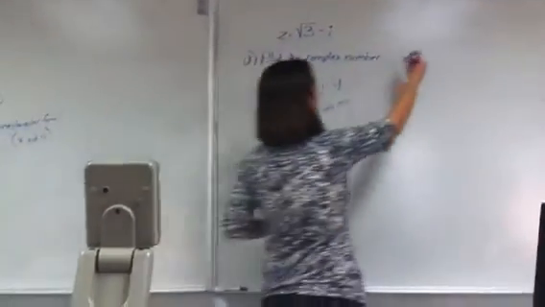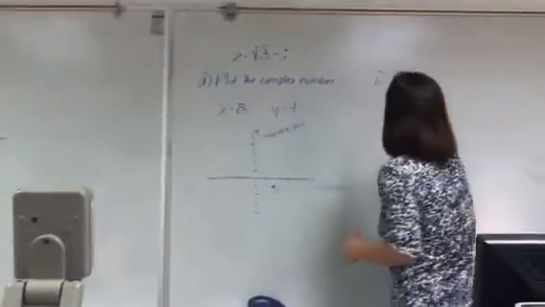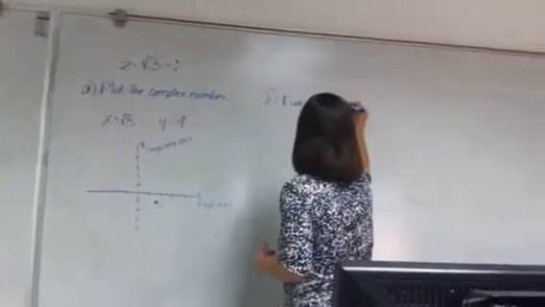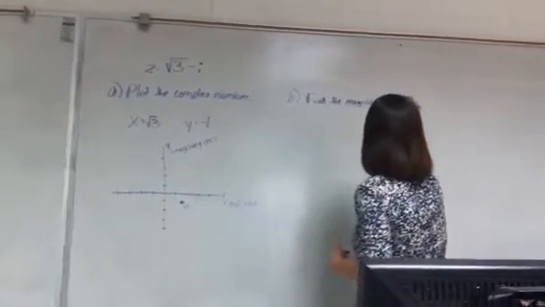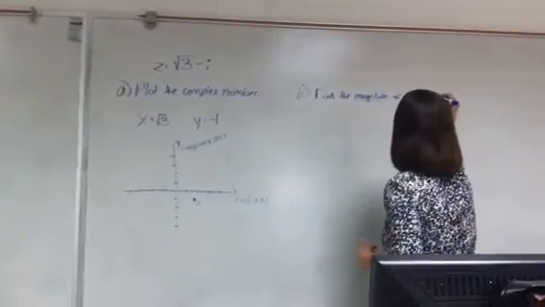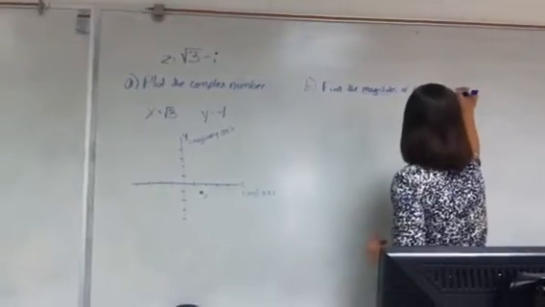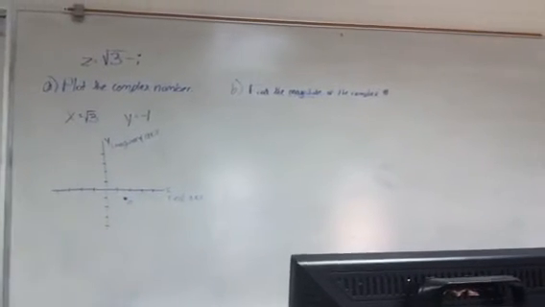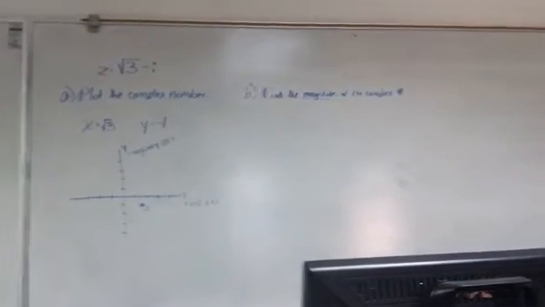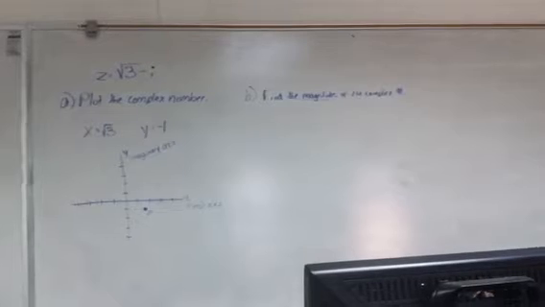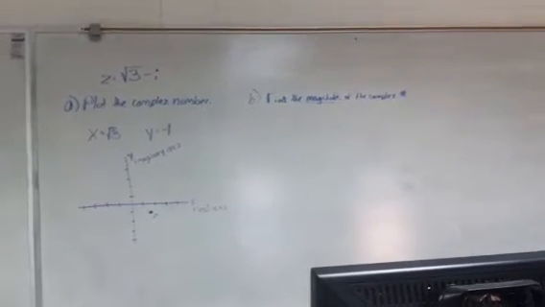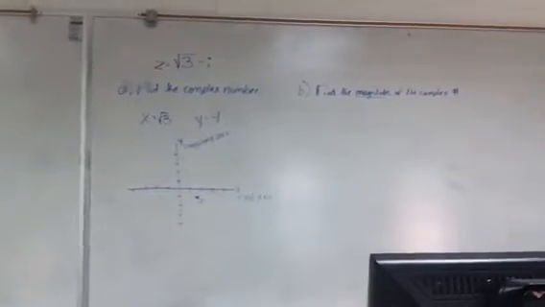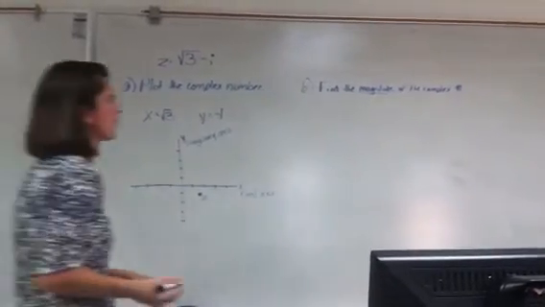Okay, the second thing that they're going to ask you to do is find what is called the magnitude of the complex number. Now, a couple of things about this.